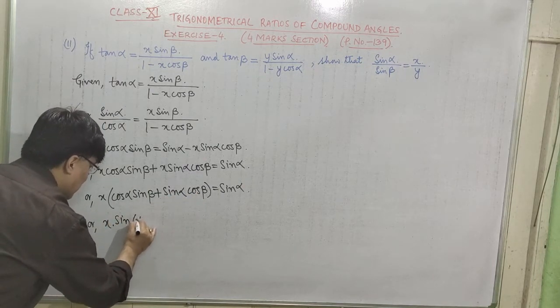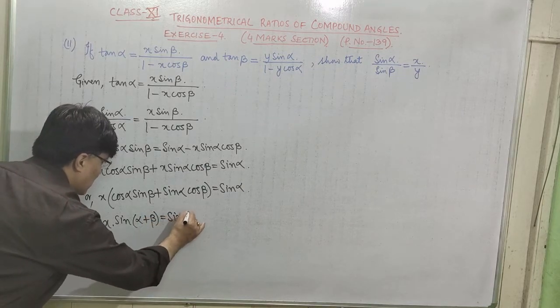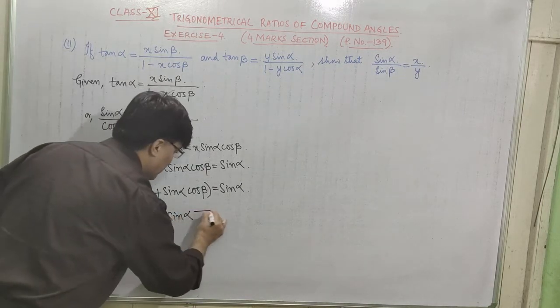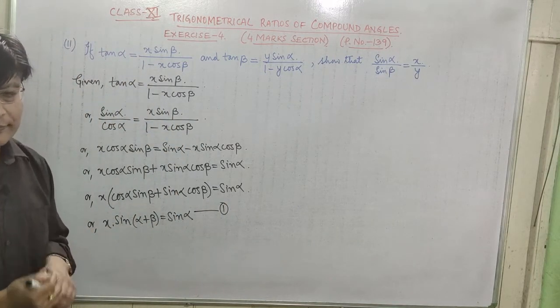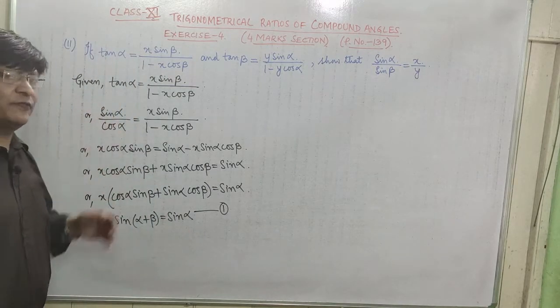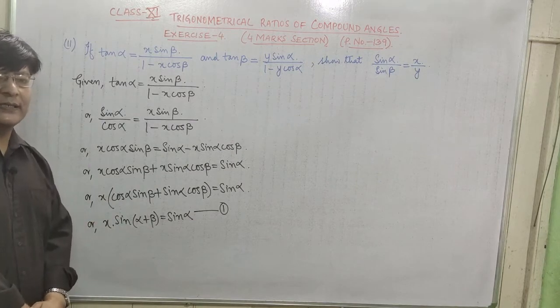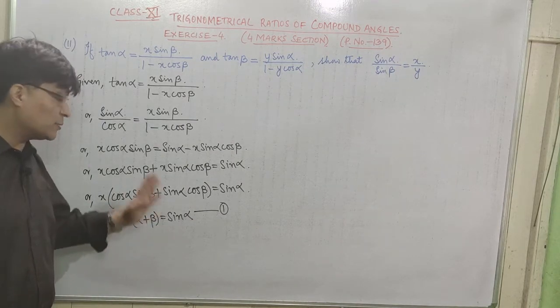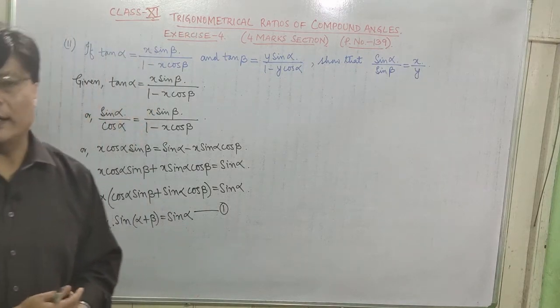This is sine of alpha plus beta. So let us mark it number 1. Is that clear to all of you? So we have simplified the first given condition and we have got x into sine of alpha plus beta is equal to sine alpha. Let us mark it as number 1.